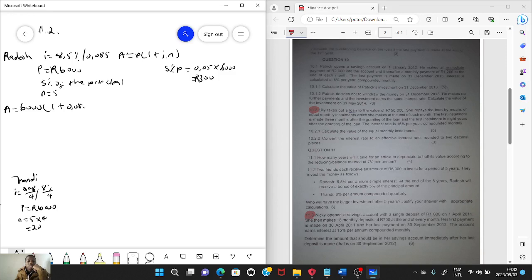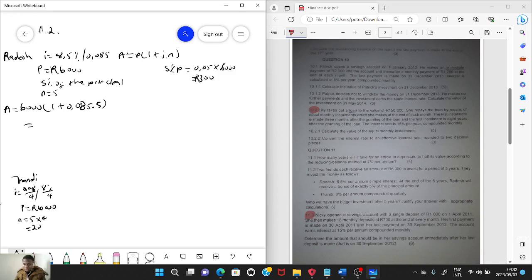I forgot that this thing is not compound here. Now I still have to multiply by 5. So what is 6,000 into 1 plus 0.085 multiplied by 5.